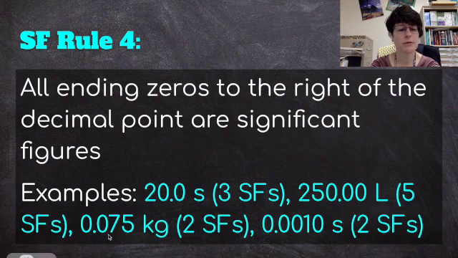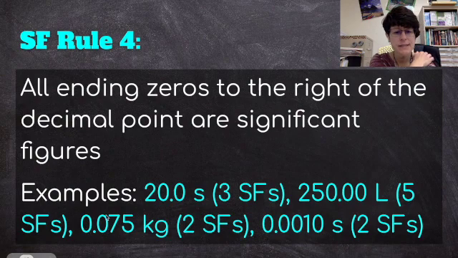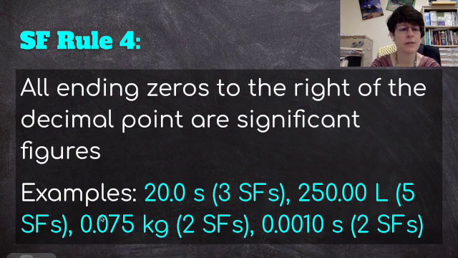However, in 0.075 kilograms, there are only two significant figures. These zeros are not significant because they are placeholders. I do realize that this one is after the decimal point, but it's not significant because it's acting as a placeholder.